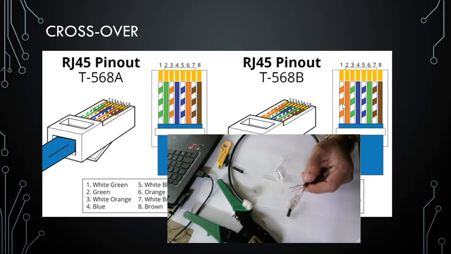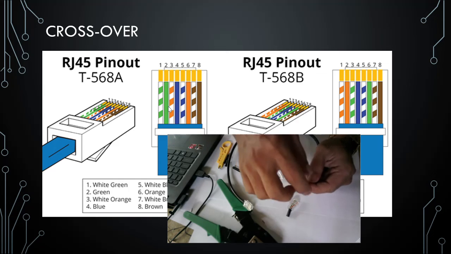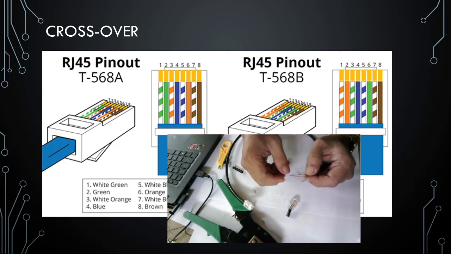So this is white orange, orange, white green, blue, white blue, green, white brown, brown. So dili na siya may usbon, kani lang ang ato ang i-follow na pod nga connection di sa ato ang cable. So first is white green na pod, white green.